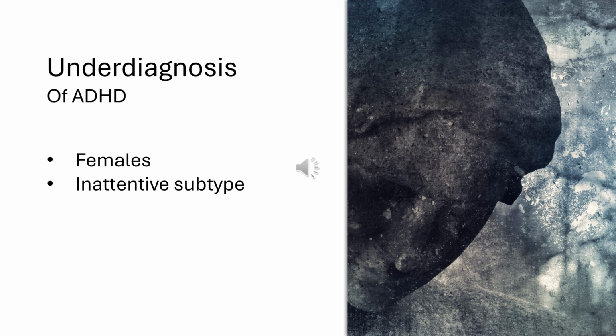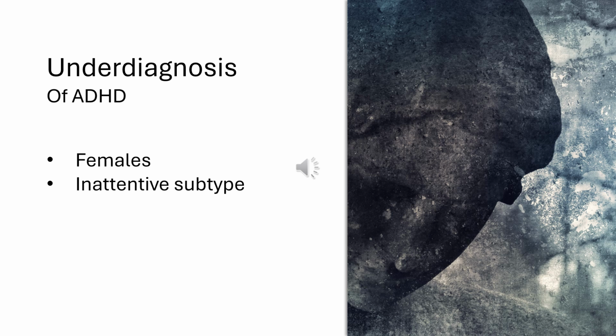Another undiagnosed group are those in the inattentive subtype, who coincidentally tend to be more often girls and women. Once again, female socialization is an underlying theme for them. However, within the subtype itself, it is evident that the nature of the symptoms are experienced internally and are not always externally obvious to others.